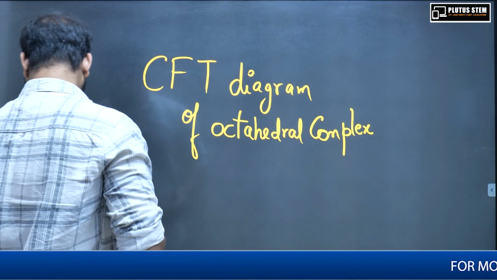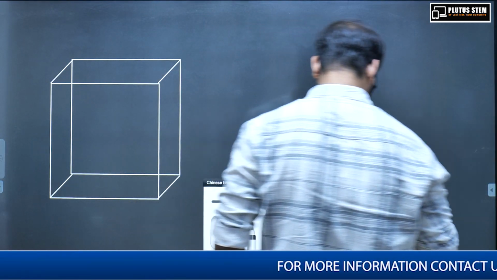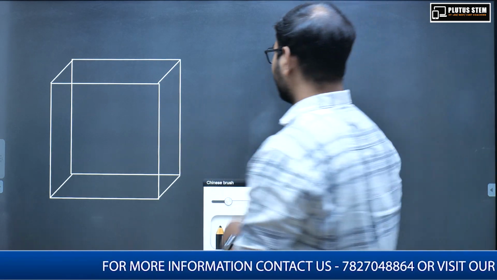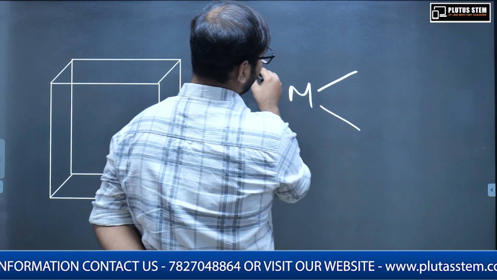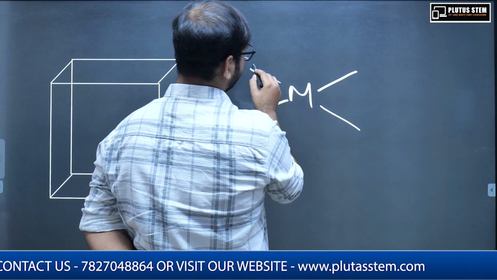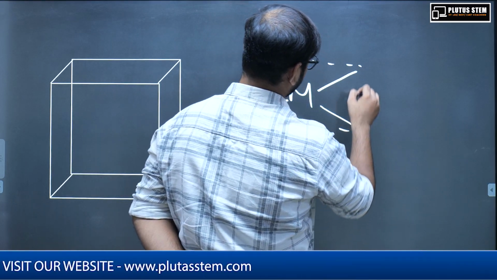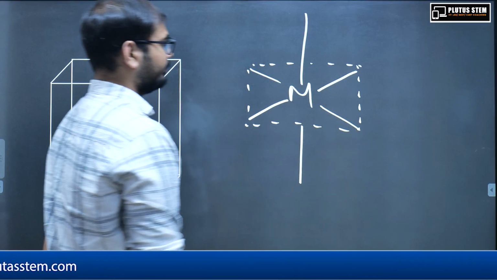So, let's get started. Let's first assume that an octahedral complex is placed inside a cube. An octahedral complex looks like this, where four of the ligands are placed in the plane, while two of the ligands are lying above and below the plane.